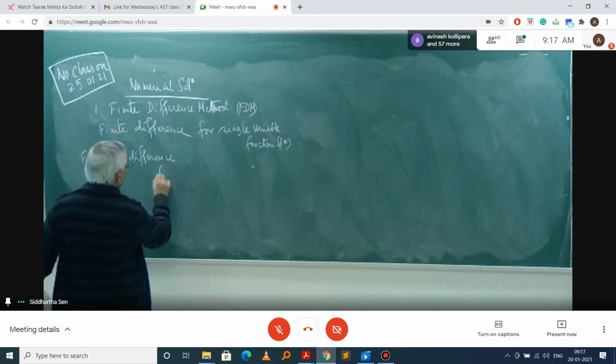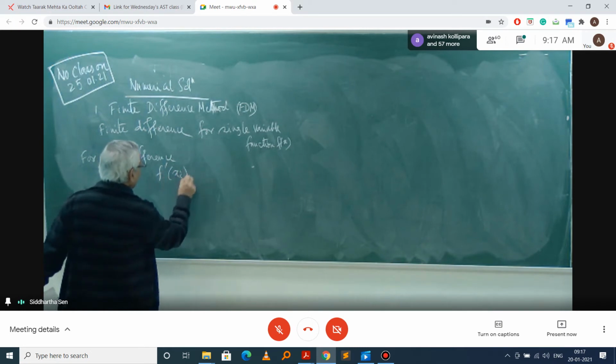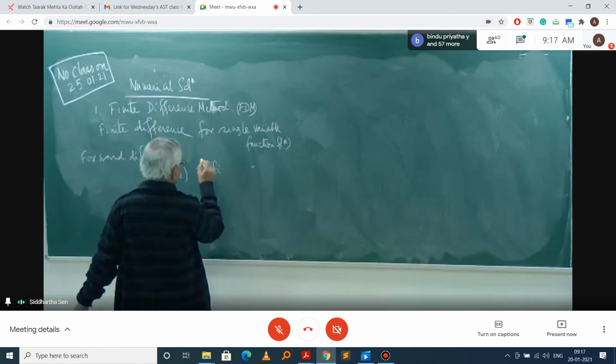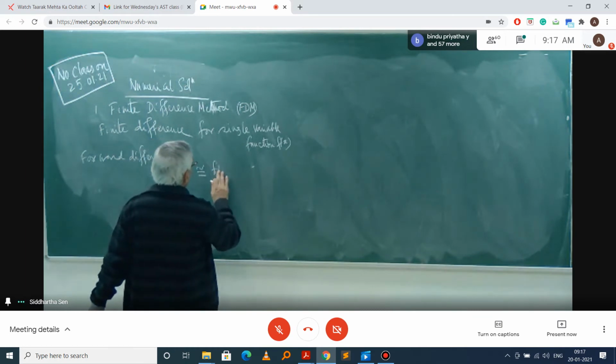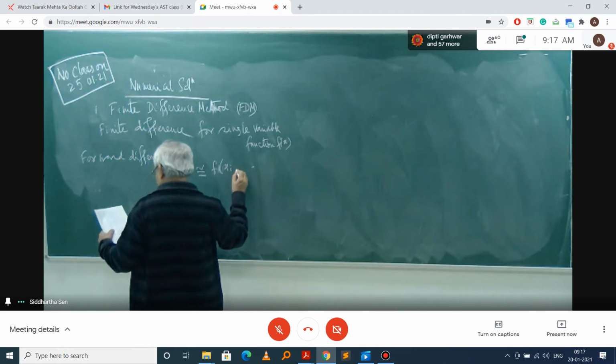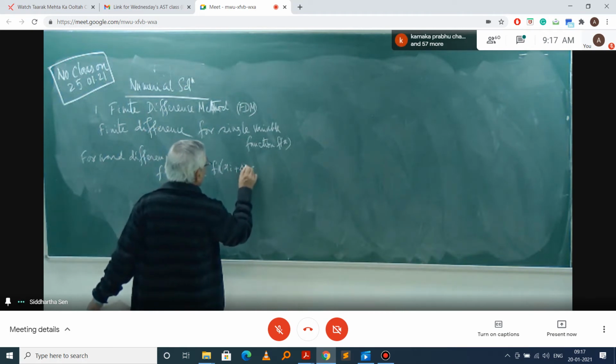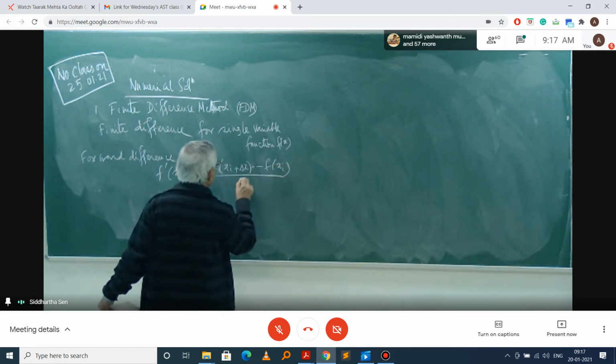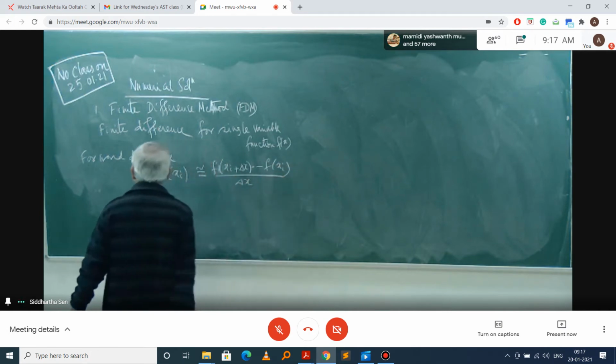That is, f dash xi can be expressed, obviously it is approximation, as f of xi plus delta x minus f of xi divided by delta x.